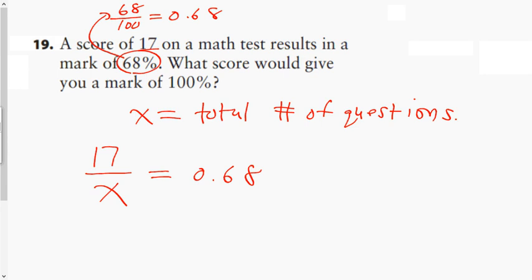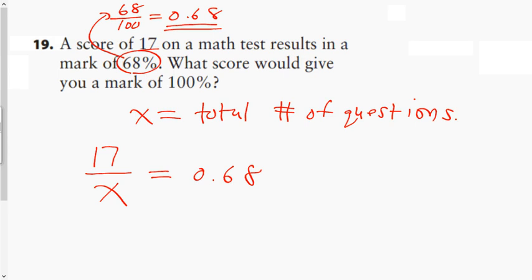Most of you probably got that wrong. Most of you probably wrote 68 there instead of 0.68. But you do have to remember that 68% is less than 1, right? It's a percentage. When you studied fractions, decimals, and percents back in grade 6, you remember talking about 68 over 100 is 68%, which is 0.68.